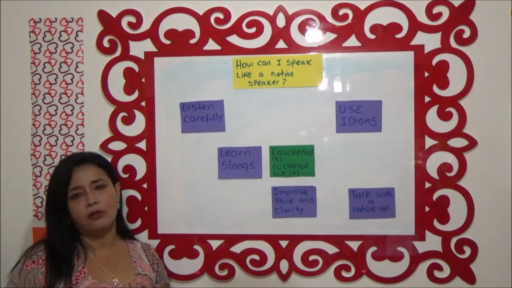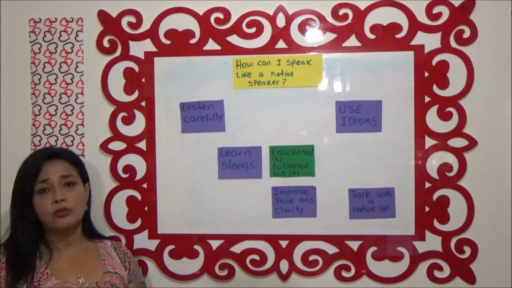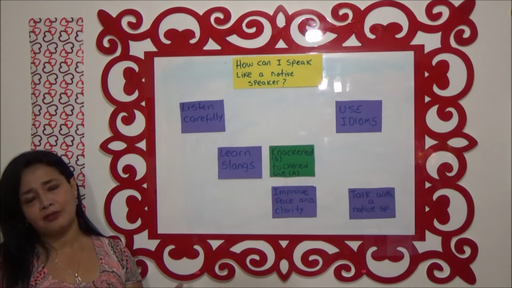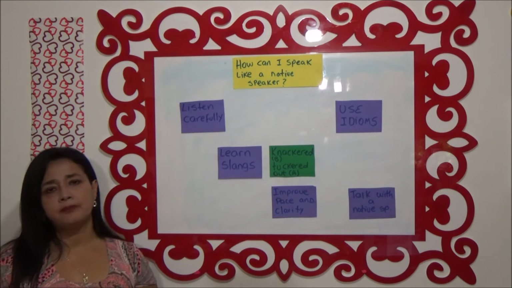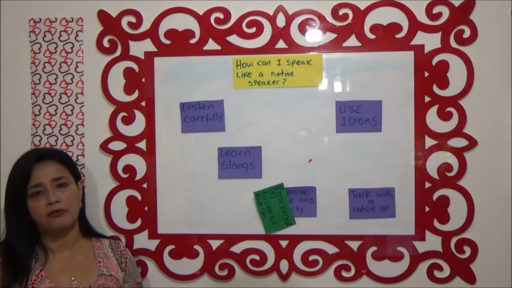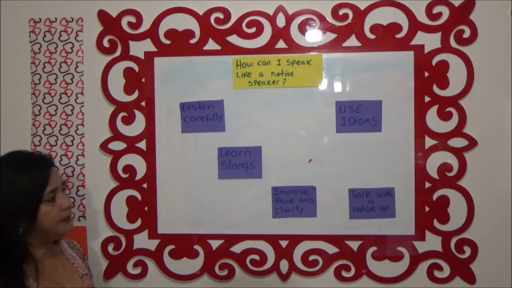And clarity also, the pronunciation, is very important. You are going to use clarity when you feel self-confident, right? Only with self-confidence will you feel that you can speak clearly.